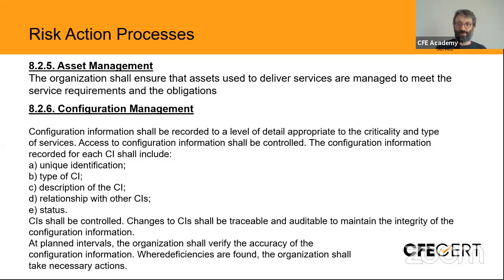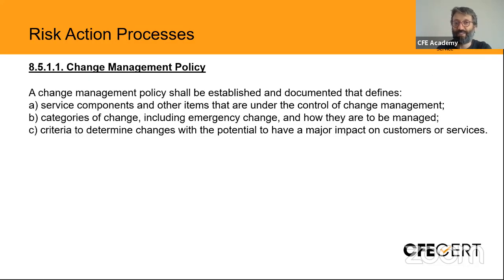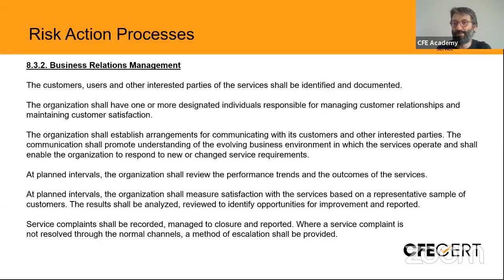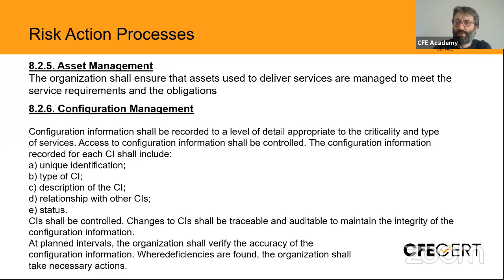So you know the expectation, you know how you can fail to meet it, and if it is related to asset management, implement a better asset and configuration management. If it is related to change management, implement a better change management policy. If it is related to BRM, then implement a better BRM. So it is beneficial for you to listen to the forthcoming articles with this point of view.